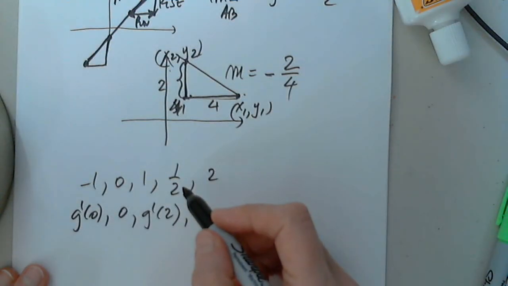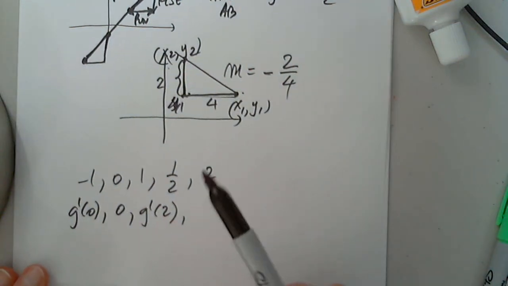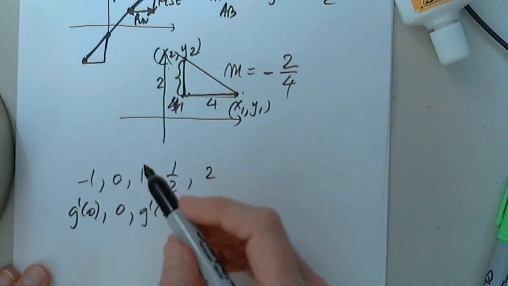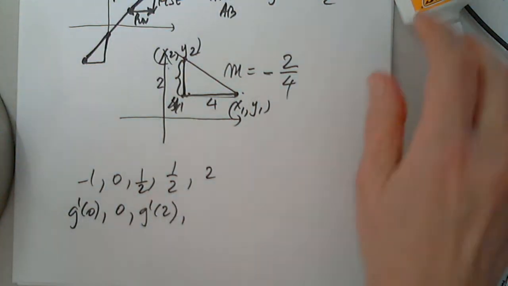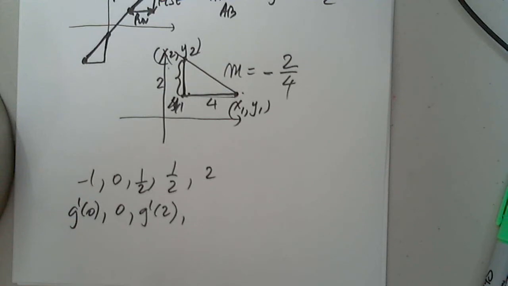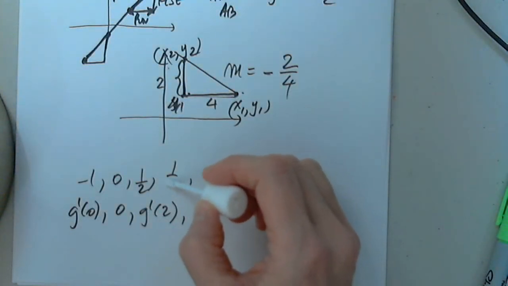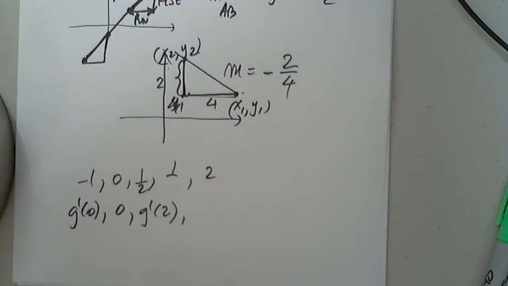Oh, well, what can I say? For me, 1 is smaller than 1/2. Okay, I have to correct that. So 1/2 here and 2 and 1 here. No, 1 is not smaller than 1/2.